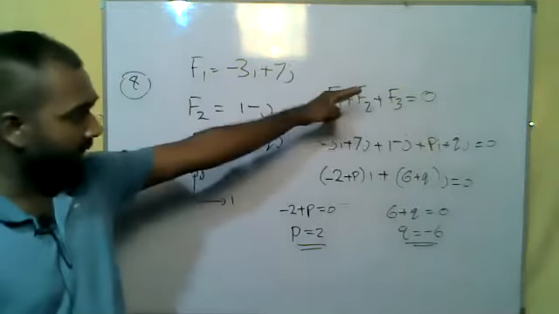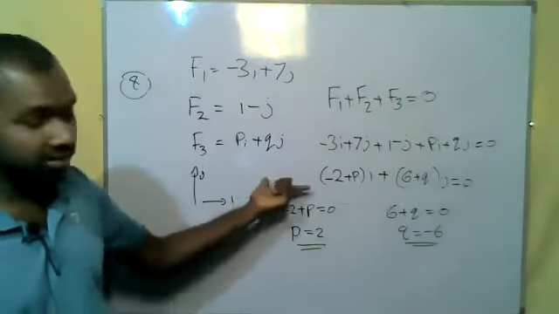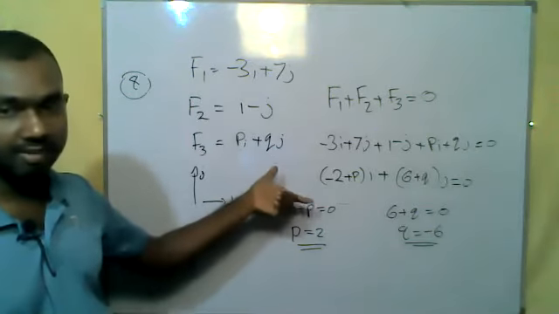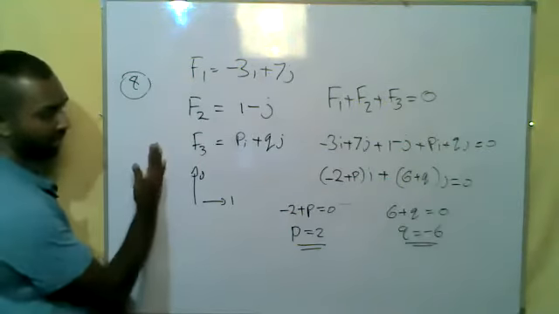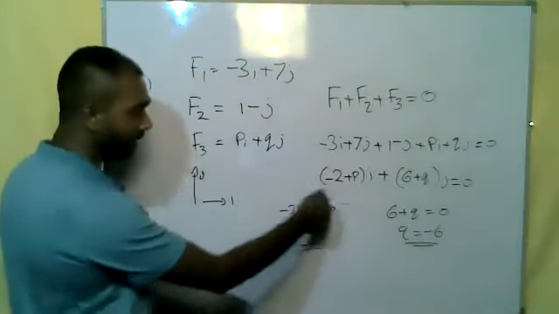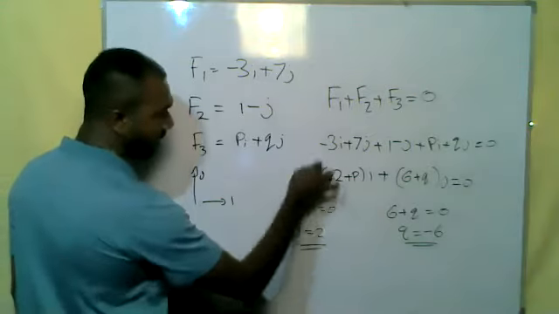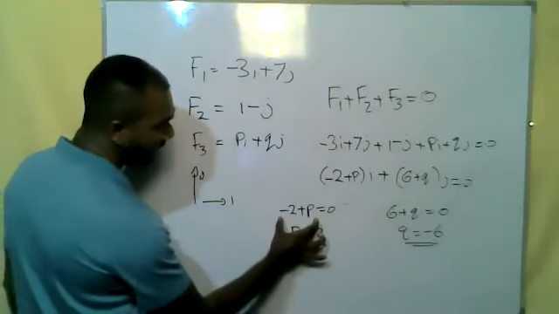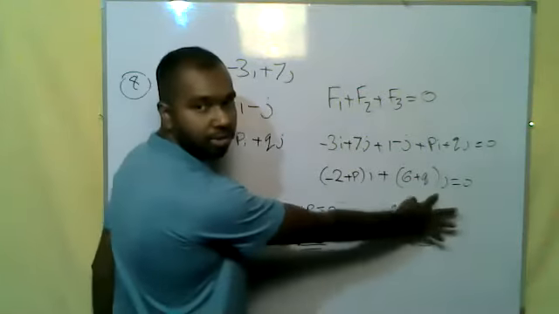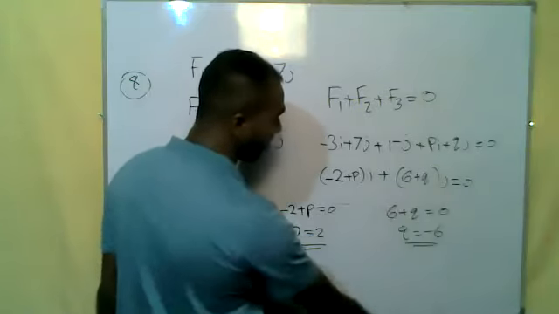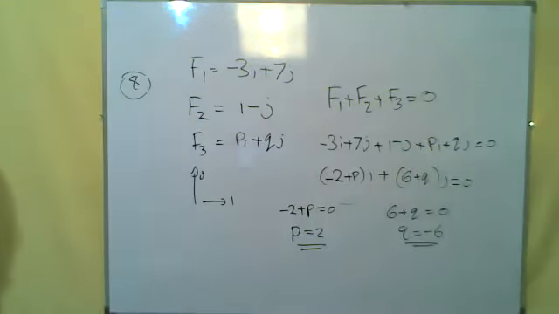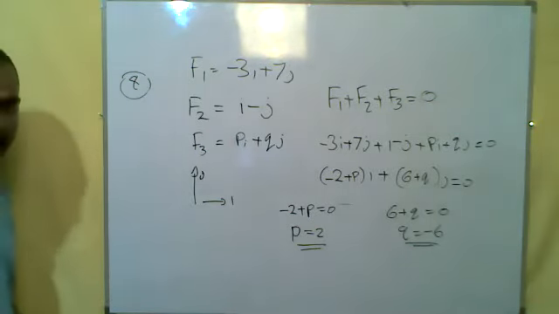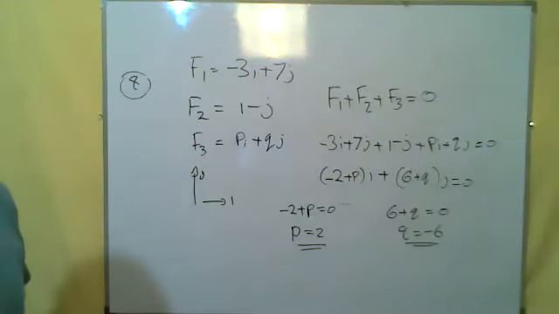Keep that in mind. And in vector notation, when the resultant is 0, the resultant in the i direction or j direction should be equal to 0. Because the i component should be equal to 0, we can write this. And the j component also should be equal to 0, so we can write this. That is how we got P and Q. If you have any questions, you can raise them or just put them in the chat so I can understand and try to help you.